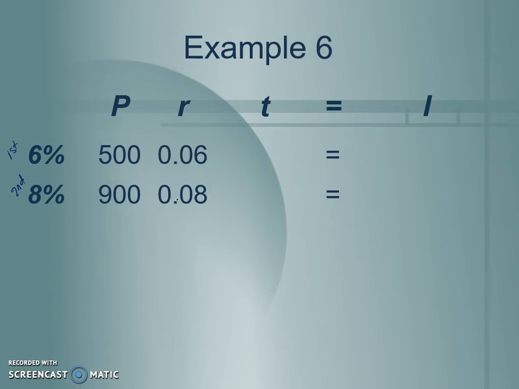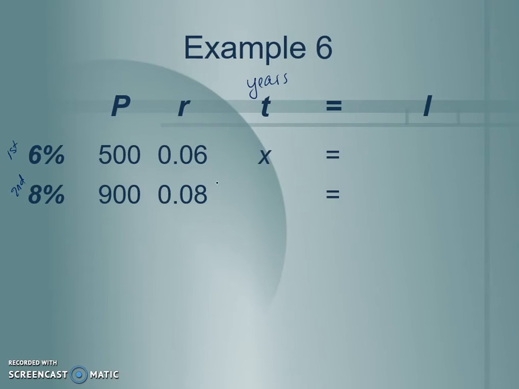Now, we don't know the times for these. We do know that we have to put in a variable for the first amount of time, which is x. Then for the second amount of time, it tells us that 3 months later he borrowed an additional amount. That means he's going to be paying back the first loan for x amount of years. So remember, our time is always years.